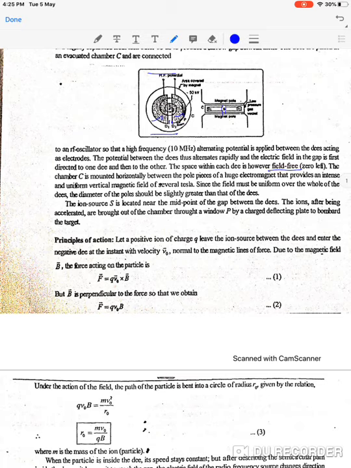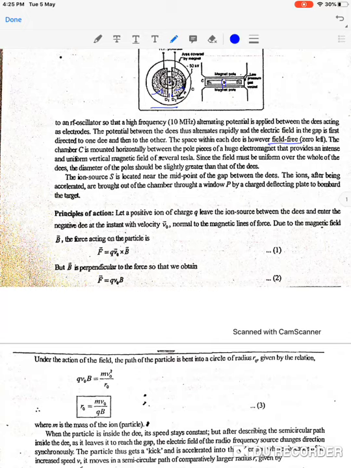When this charge leaves the ion source, it has some initial velocity v naught.